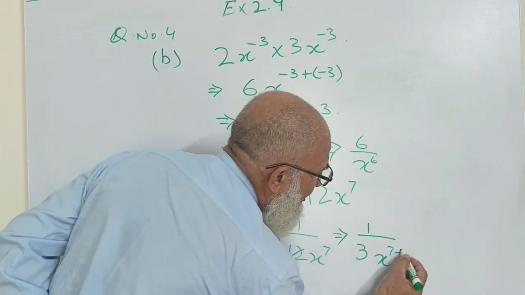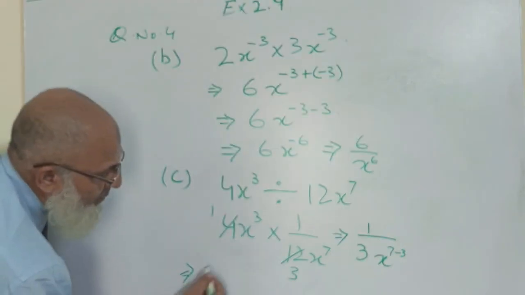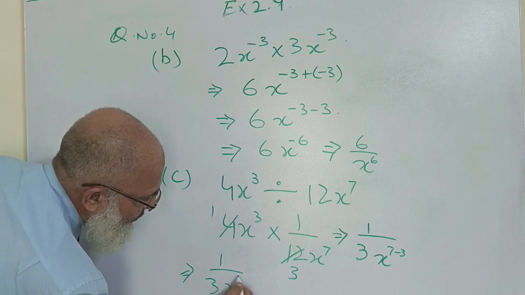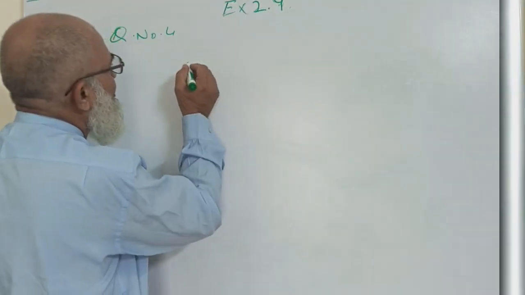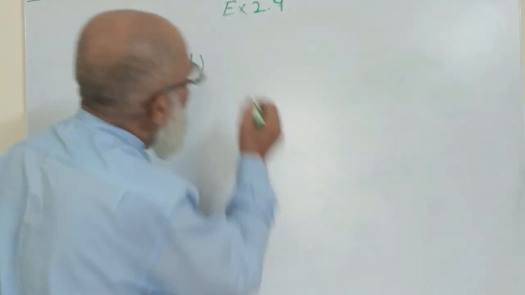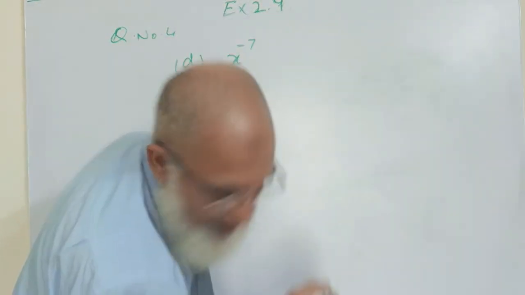x 7 minus 3. Finally it will appear like this: 1 upon 3 x 4, x minus 7 divided by x 4.